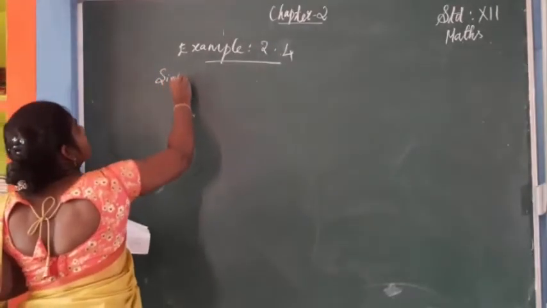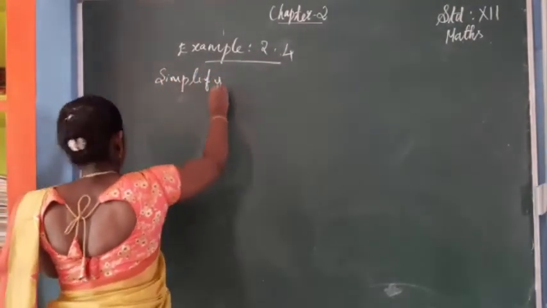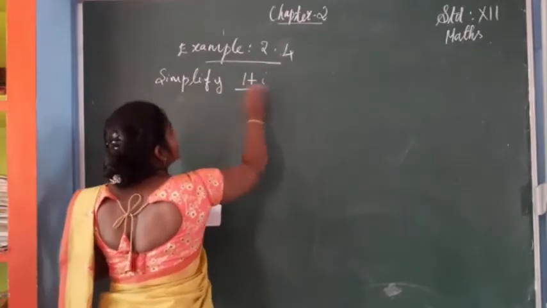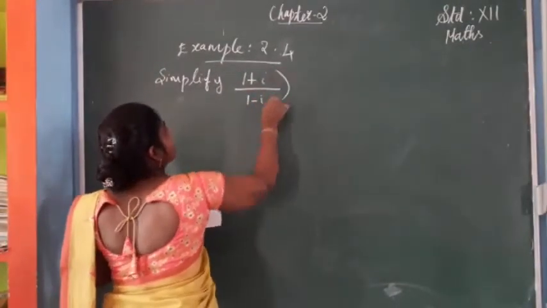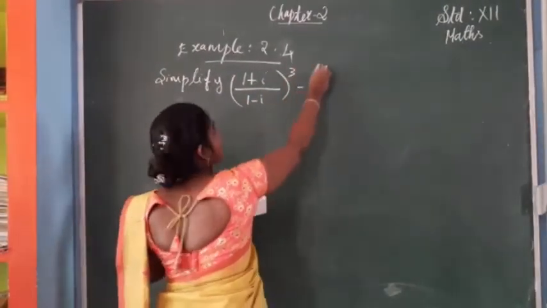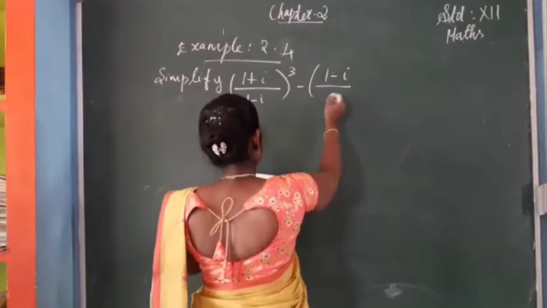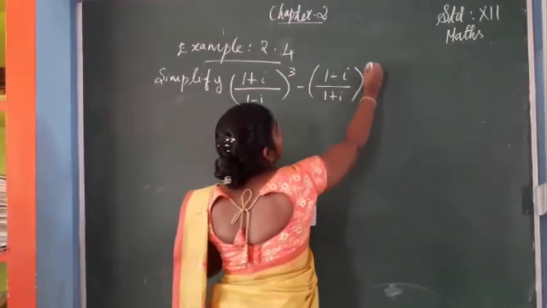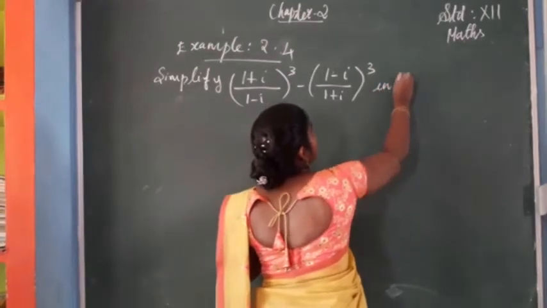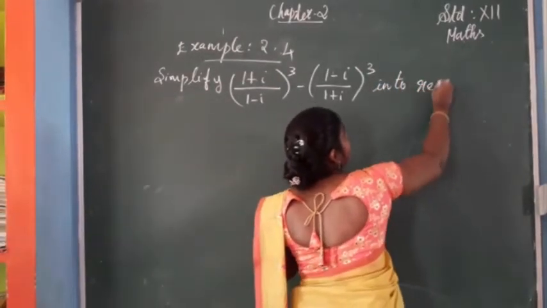Simplify (1 + i)/(1 - i) the whole cube minus (1 - i)/(1 + i) the whole cube into rectangular form.